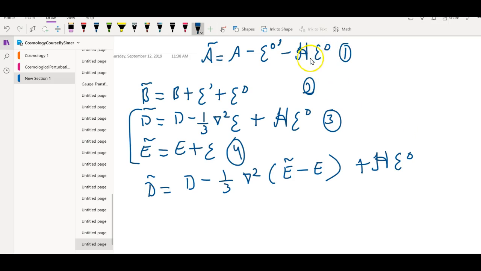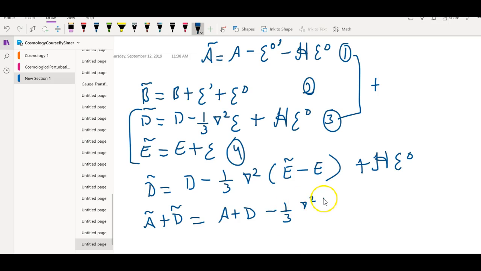One way to do this is that I can add these two, and I will get A tilde plus D tilde is equal to A plus D minus 1 by 3 del square xi minus xi 0 prime.